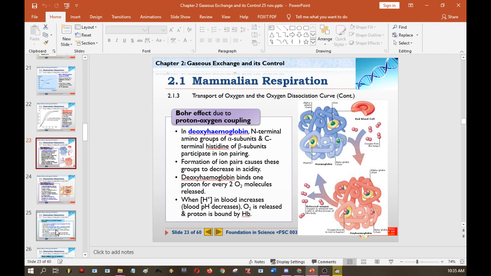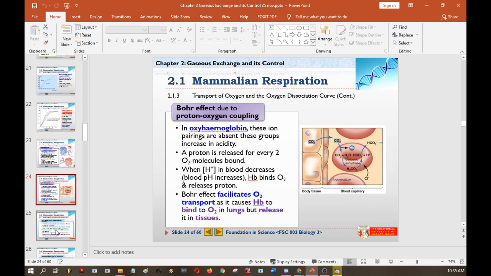Hb, or hemoglobin, comes from the lungs carrying oxygen, but when it comes to the tissue that needs oxygen, usually that tissue will have CO2. So they exchange. They release O2, and then they grab the H plus to make it neutral again.